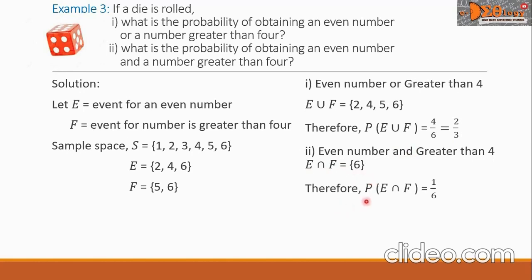Therefore, the probability of E intersect F equals 1 over 6. We write 1 here because there is only one element of E intersect F. Again, we write number 6 here because there are 6 elements in the sample space.